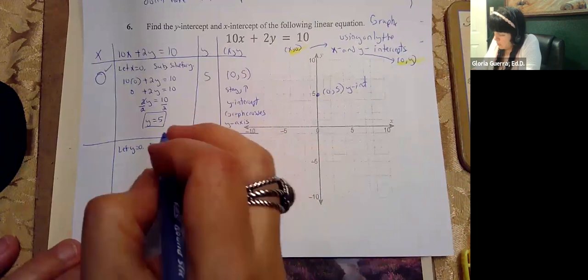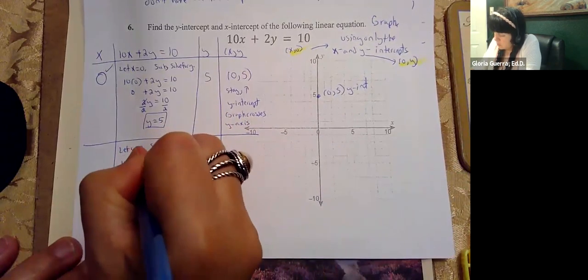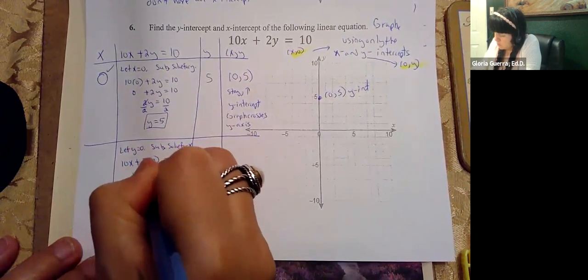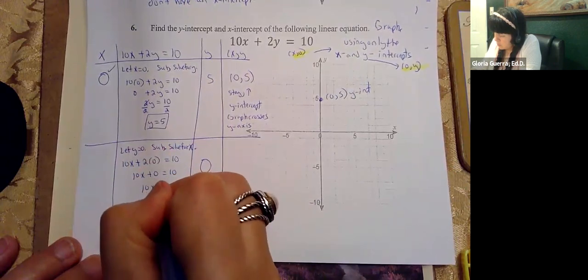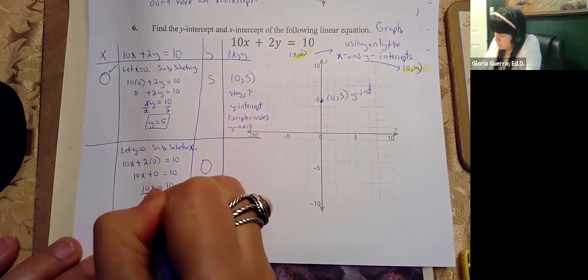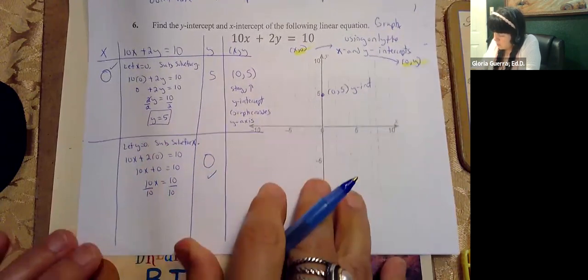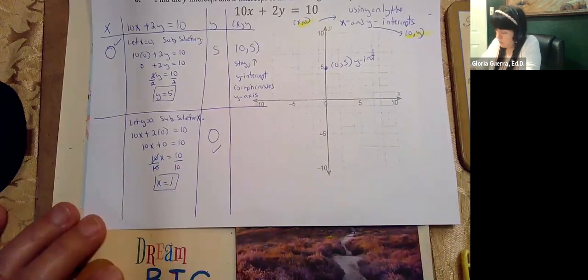Then you let y be 0. So 10x plus 2 times 0 equals 10. 10x plus 0 equals 10, so 10x equals 10. Divide both sides by 10. x equals 1, right? 10 divided by 10 is 1.